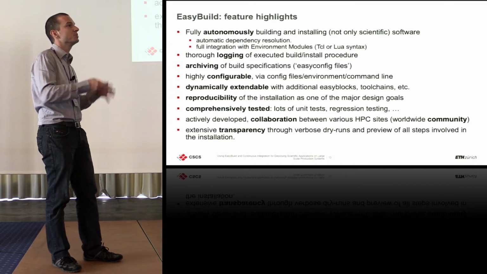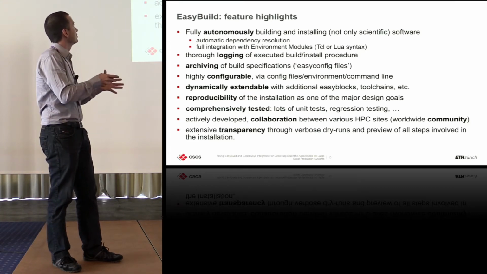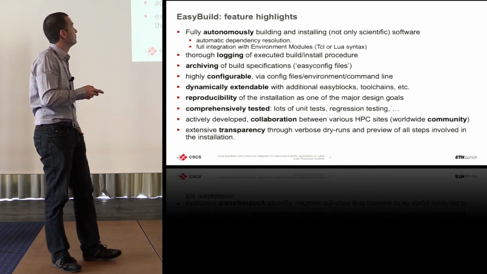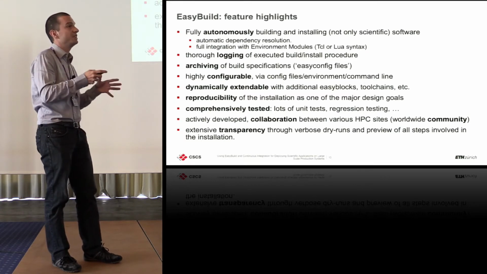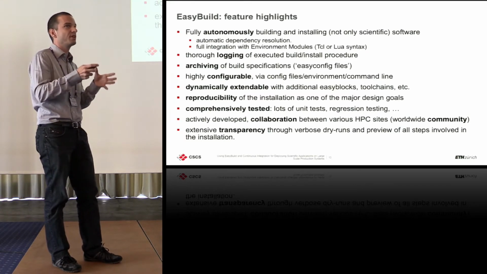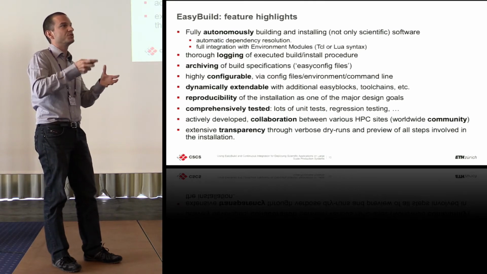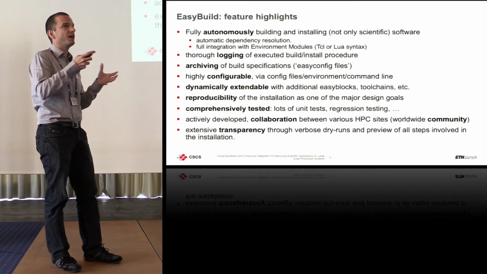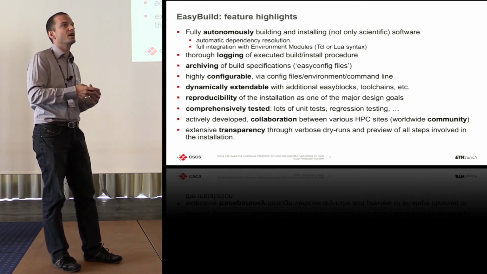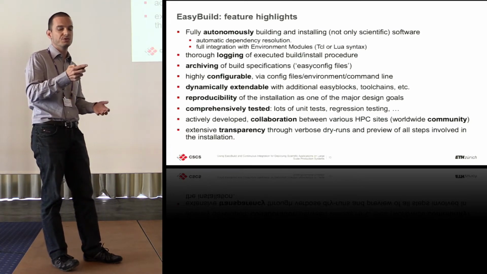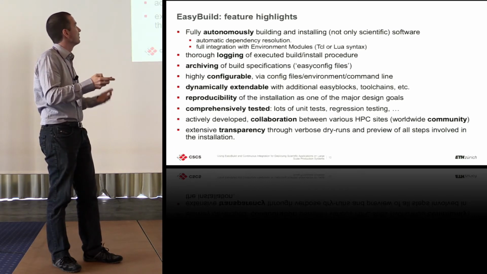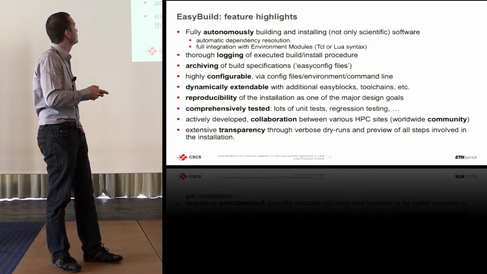Every time you do a build, you get the log file somewhere inside the build folder. You have archiving of the build specifications, meaning the recipe. Every time you build something with EasyBuild, you just go to the software folder and you can find the recipe. Anyone can go inside, find the recipe, and rebuild the software. You don't need to talk to the person who did it to find out, so this is one advantage.